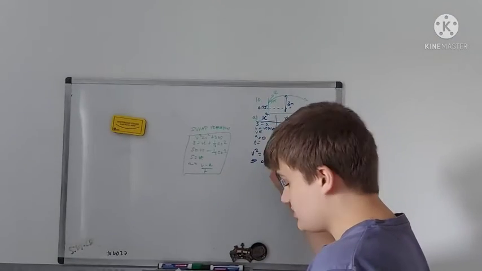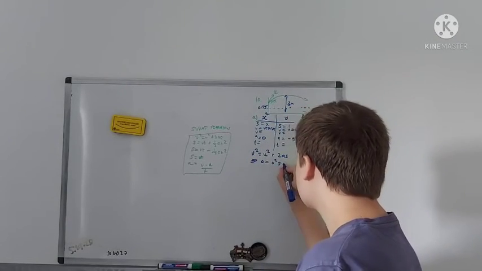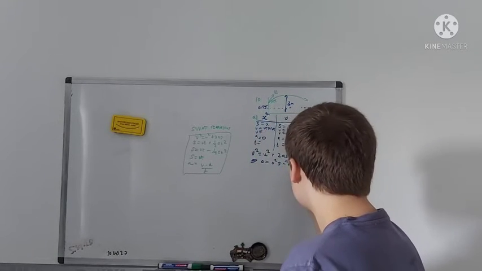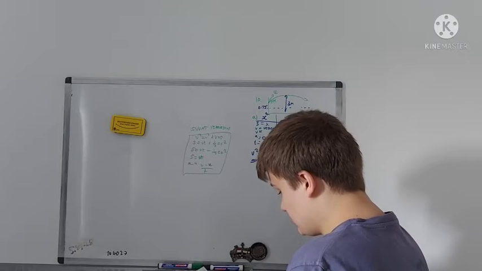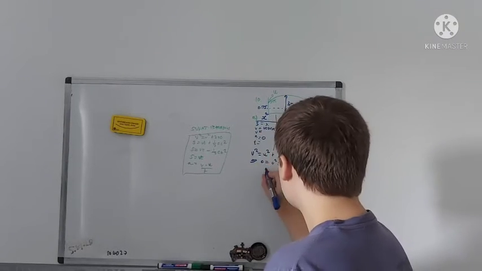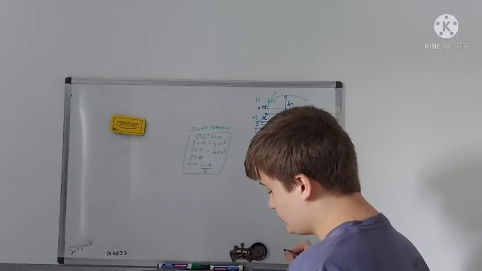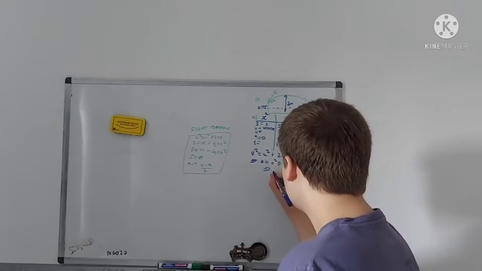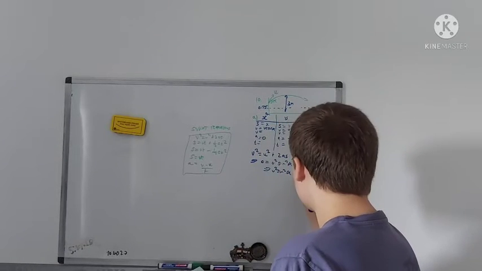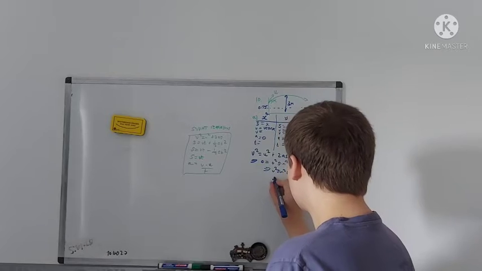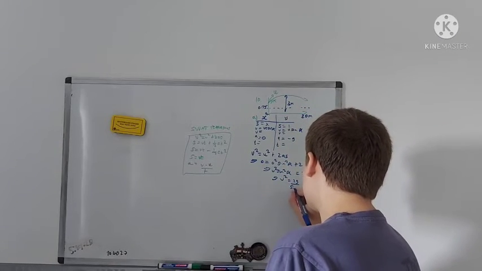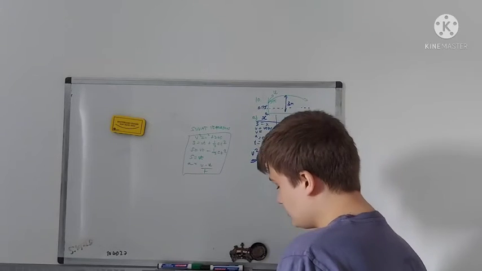So 0 squared is equal to u squared sine squared alpha plus 2 times minus g times 1. Okay, so getting u squared sine squared alpha on its own, u squared sine squared alpha is 2g, which implies that u squared is equal to 2g over sine squared alpha.